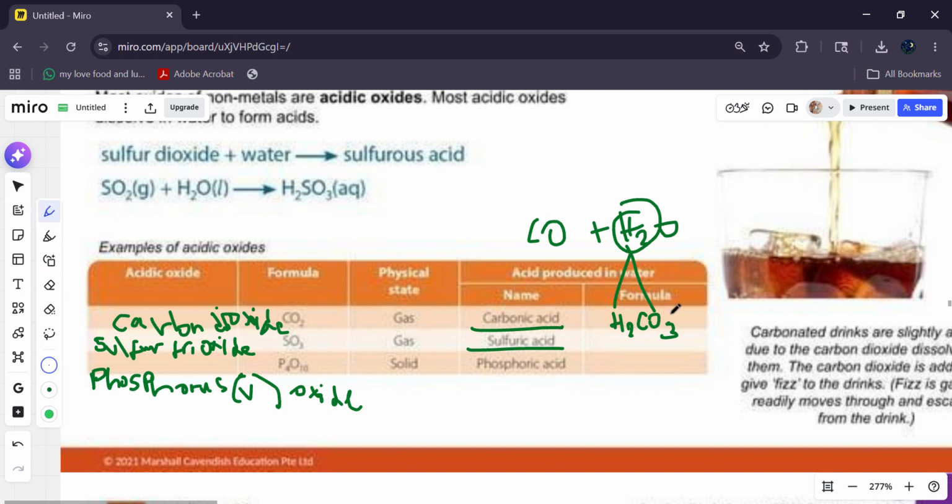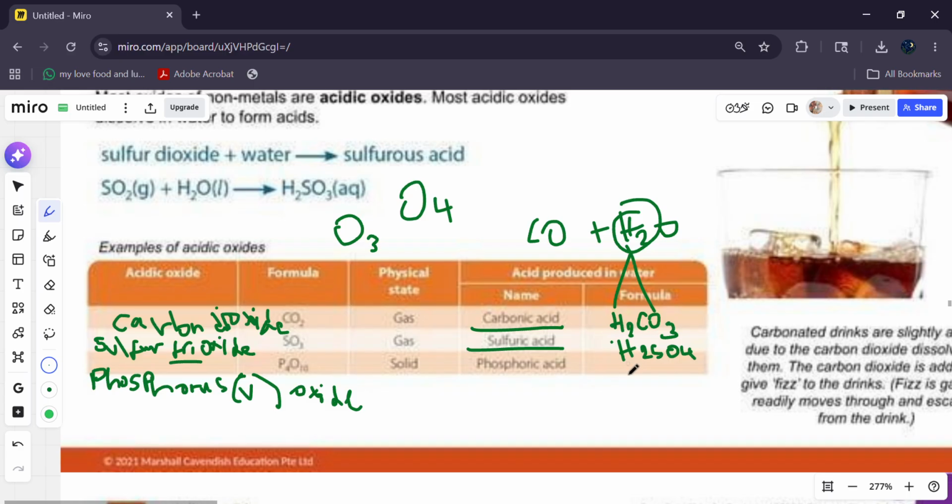And sulfuric acid is H2SO4. Why are there 4 oxygens instead of 3? Because it was originally sulfur trioxide. Tri means 3, that means it already had 3 oxygens. When you get an extra oxygen from the water, it becomes 4 oxygens. That's why it becomes H2SO4.